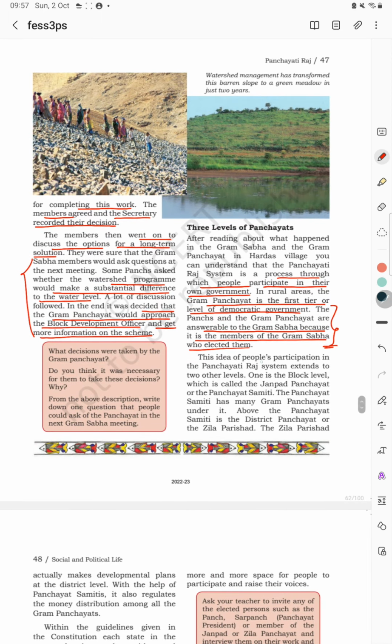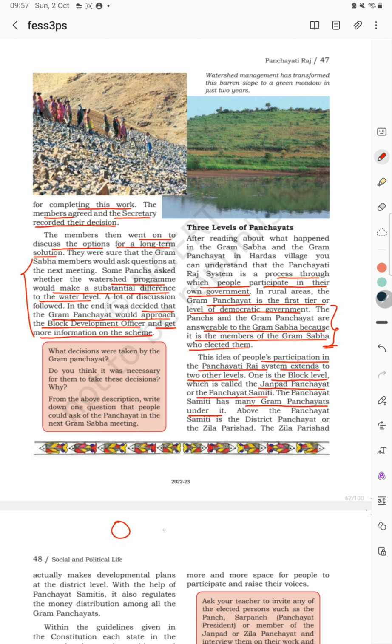So this idea of people's participation in the Panchayati Raj system extends to two other levels. This was one level, the village level or the Gram Panchayat. The other is the block level, which is the cluster of Gram Panchayats. A cluster of Gram Panchayats is under one block, which is called Janpad Panchayat or the Panchayat Samiti, and the Panchayat Samiti has many Gram Panchayats under it.